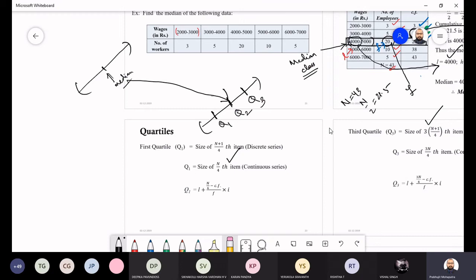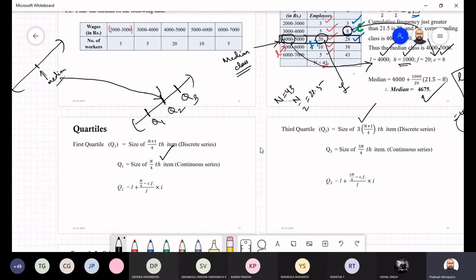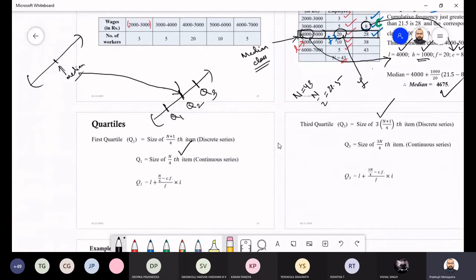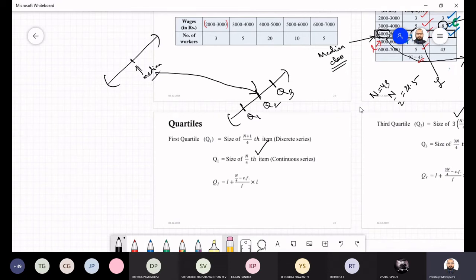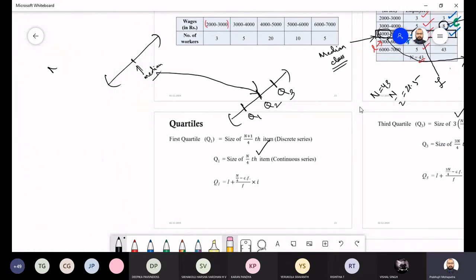As we have taken in the same way for the median, if it is a discrete type, then you have to take n+1, and if it is a continuous type, then you have to take n. For the median, if it is discrete, then (n+1)/2, and if it is continuous, then n/2, the middle position. Here also same thing.